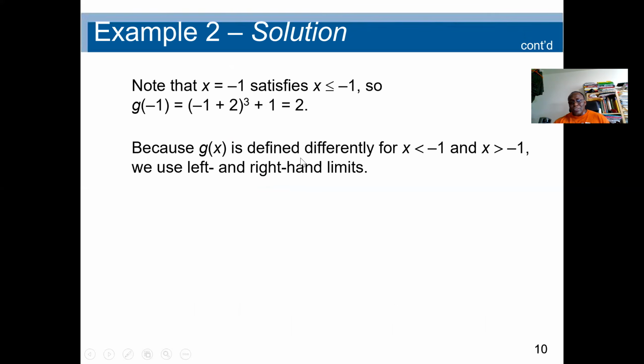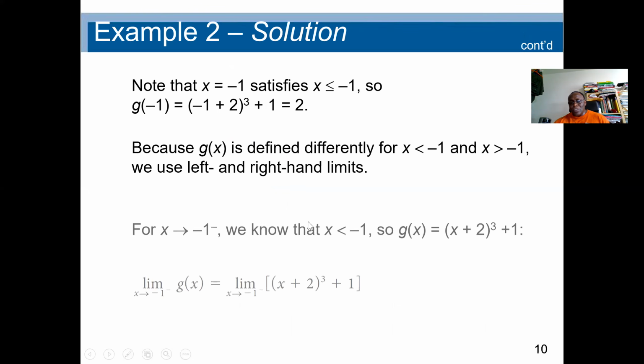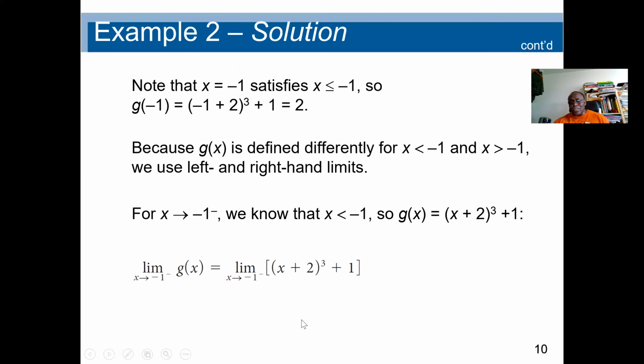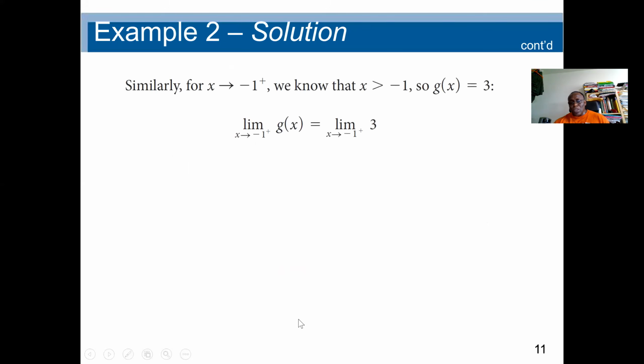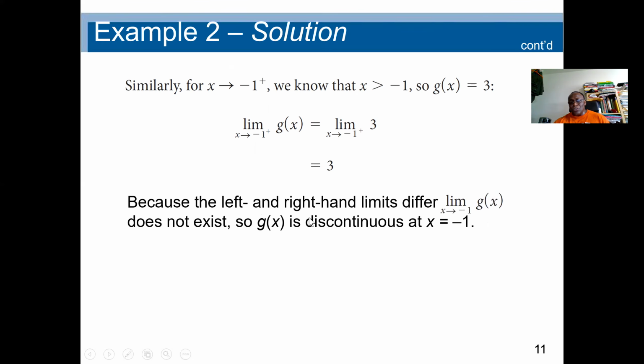Because g at x is defined differently for x less than -1 and x greater than -1, we use left and right hand limits. So the answer is 2, but we have 3 for g at x in the second part. So again, the left and right hand limits differ, so the limit of g at x does not exist.